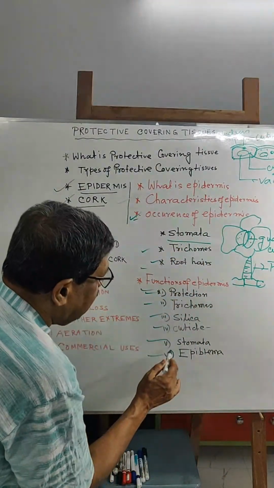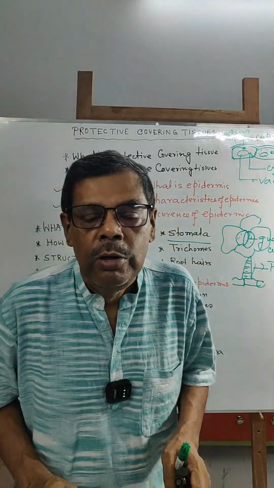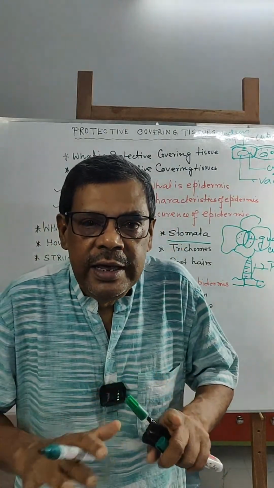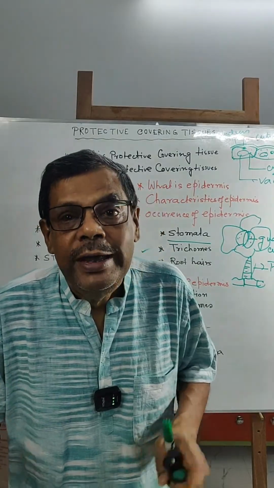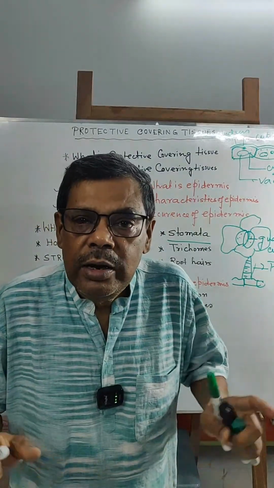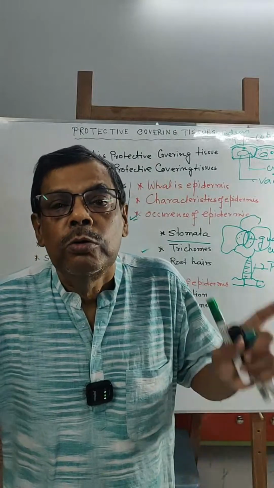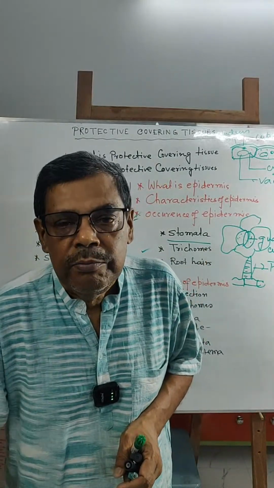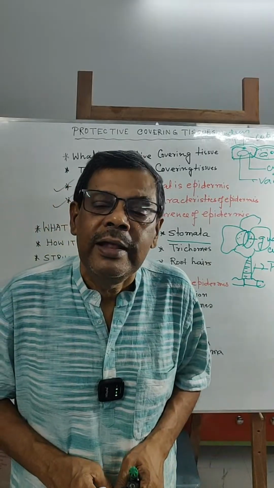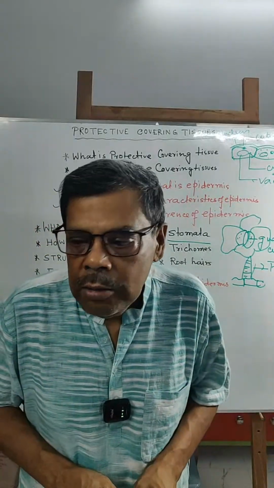Next, epiblema, the single-layered epidermis in the case of roots. They contain a number of root hairs, each from one cell, which absorb water and minerals from the soil.